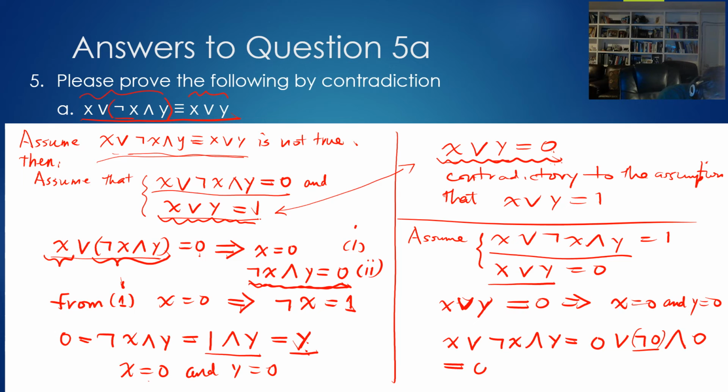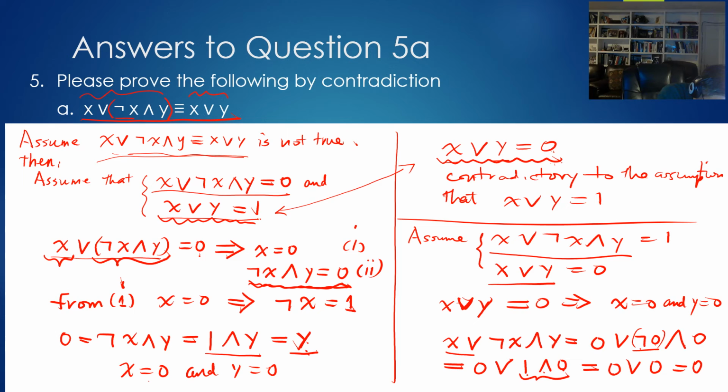So you got negation of 0 is 1, 0. And then we need to evaluate this first, because the AND always has a higher priority than OR. So 1 and 0 gives you 0. And 0 or 0, that's 0.